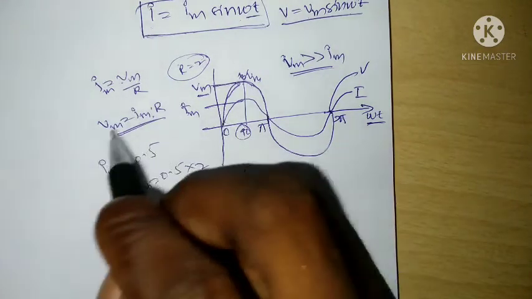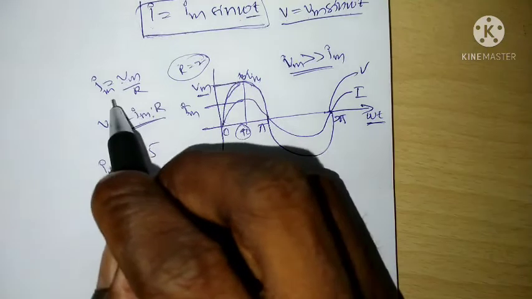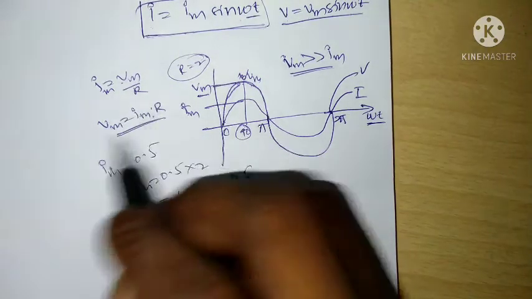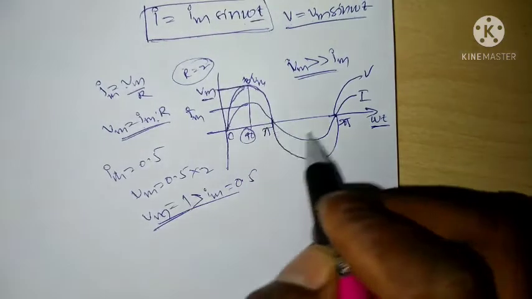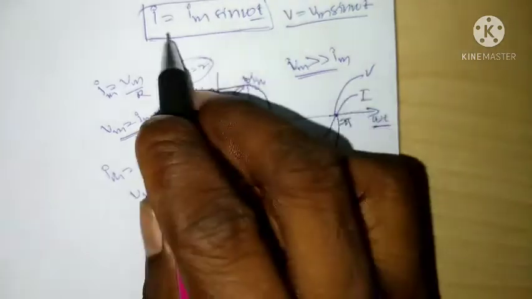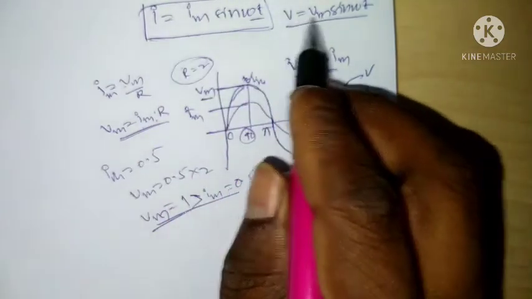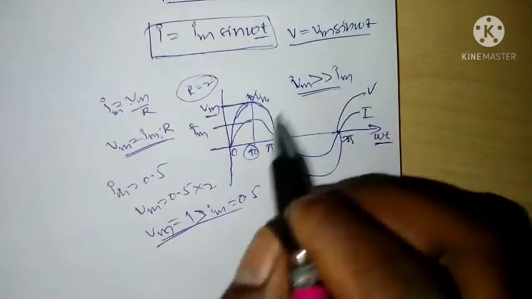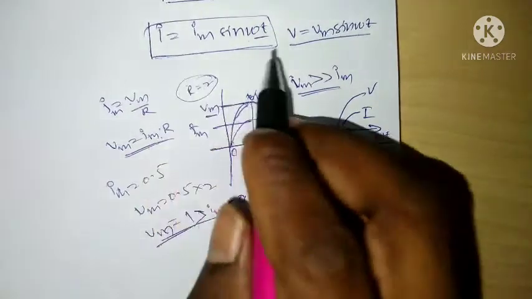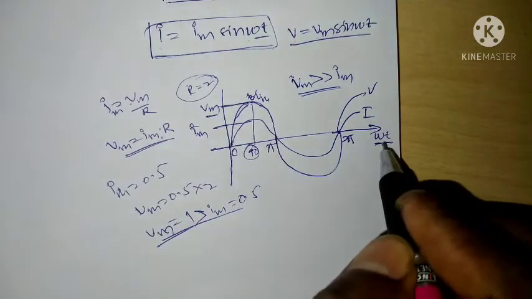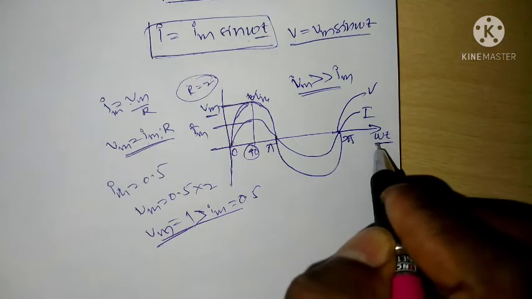According to Ohm's law, I is equal to V by R. From this graph, you get the sinusoidal wave equation: I is equal to Im sin omega t, V is equal to Vm sin omega t. Draw the graph between current and voltage with respect to time or rotation, omega t.